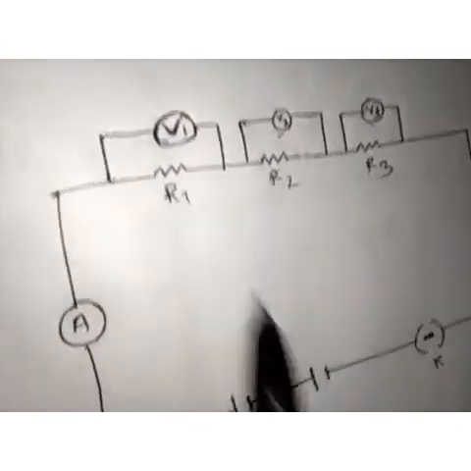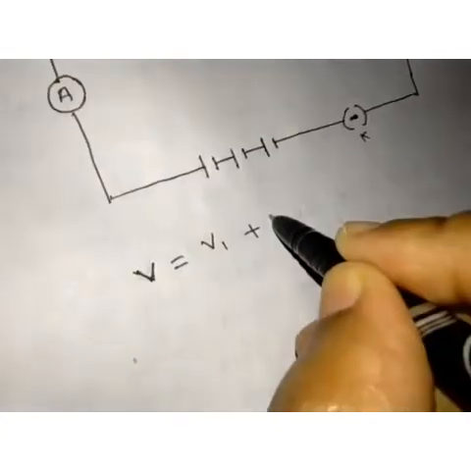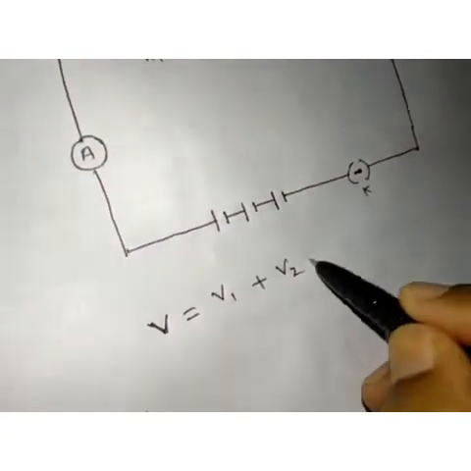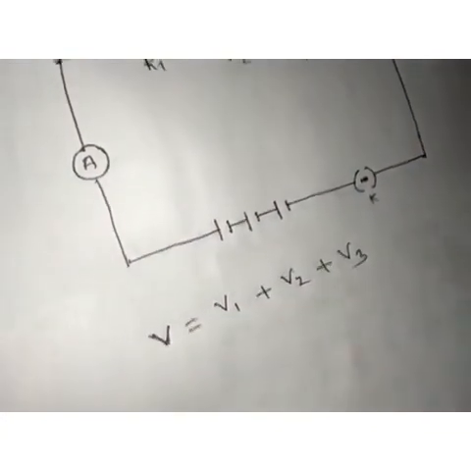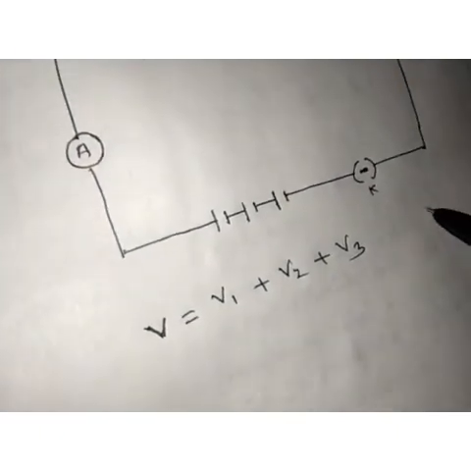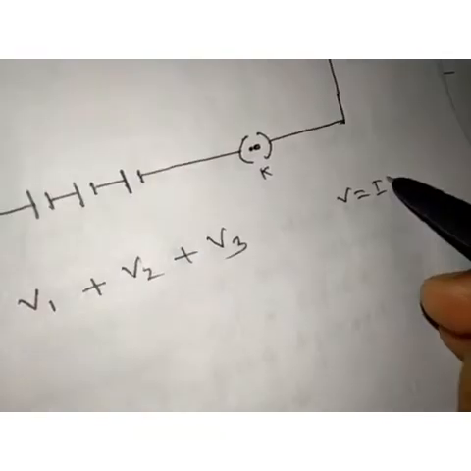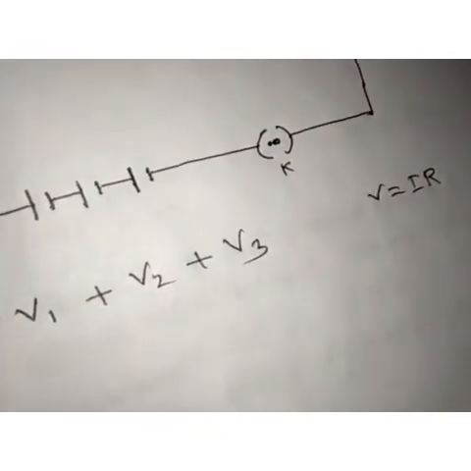Then here V equals V1 plus V2 plus V3. But according to Ohm's law, what we know is V equals IR.